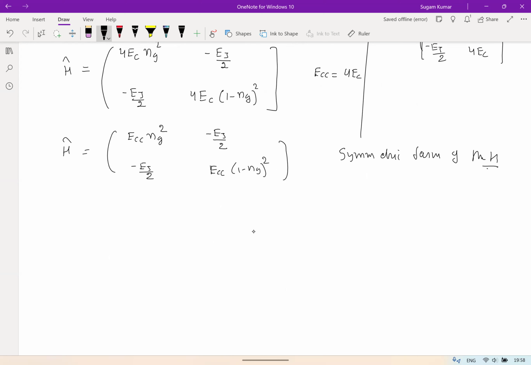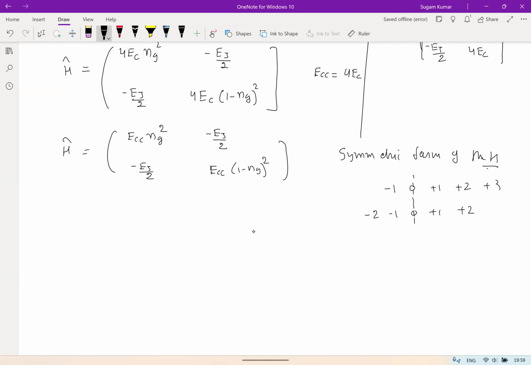The diagonal elements are not symmetric, okay? They should be symmetric in this case, and this is very simple. For example, if you have numbers like -1, 0, +1, +2, +3, this is not symmetric. So I can just shift by 1, so I can simply subtract 1. Then this will become -2, -1, 0, +1 and +2. Now you can see around 0 the system becomes symmetric. The same thing I can do here also.